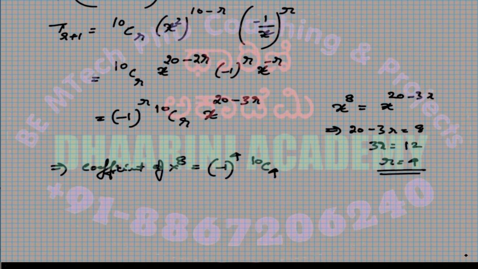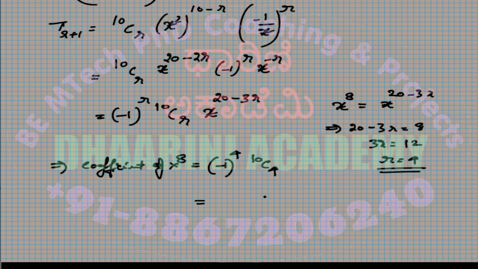All right, so when we simplify this, we are going to get minus 1 to the power 4 is plus 1, into 10C4. 10C4 will be 10 into 9 into 8 into 7 divided by 4 factorial, that is 4 into 3 into 2 into 1. 210 is the answer.